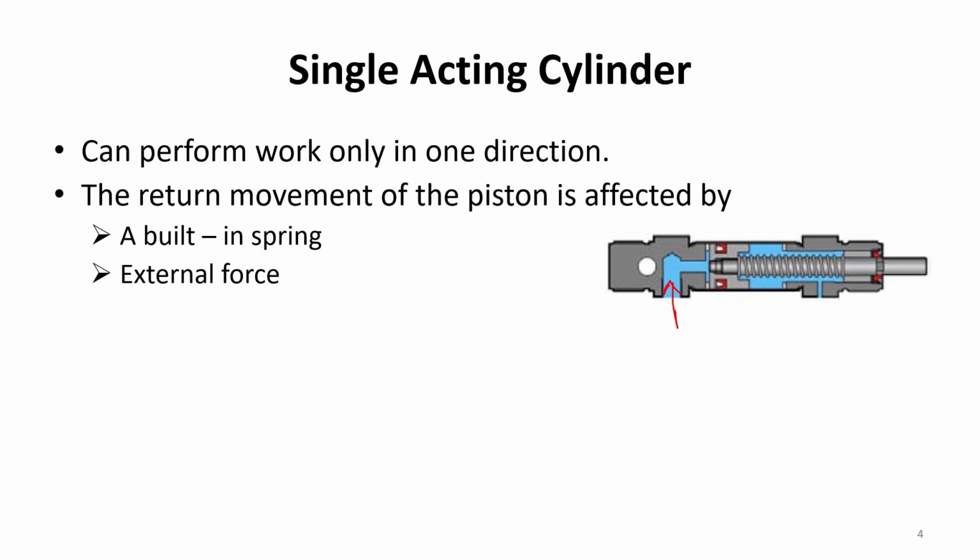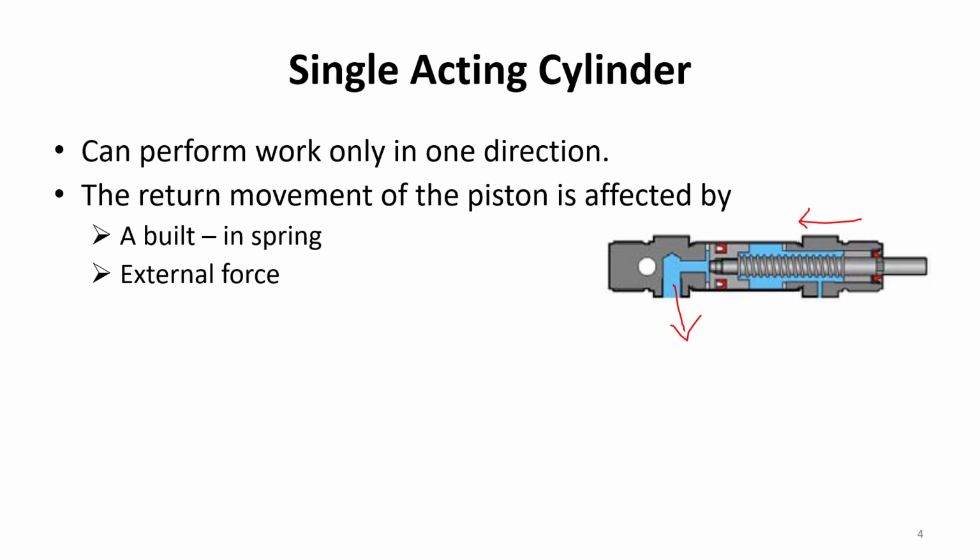Meanwhile, there should be some mechanism which will let the air present in the rod end of the cylinder escape, and that is effected through a small opening in the rod end of the cylinder. If the air supplied to the cylinder at the cap end is removed or stopped, then because a return path is created for the air to escape, the spring force will come into action, and this spring, which was so far compressed, will expand.